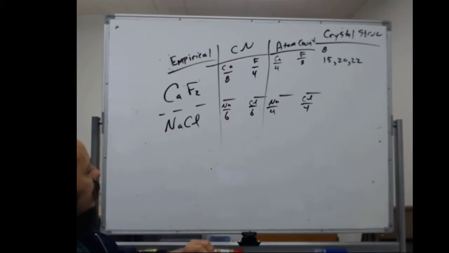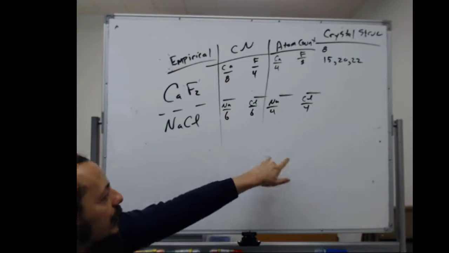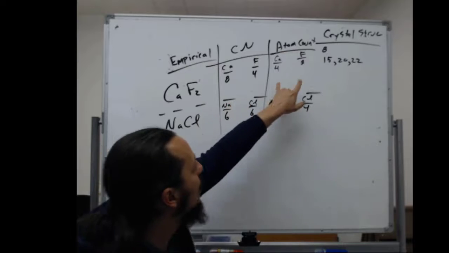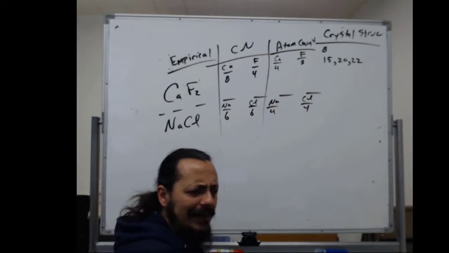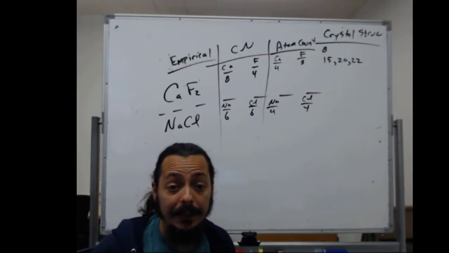You'll notice NaCl has a 1-to-1 ratio. Same thing, calcium fluoride, we've got our 1-to-2 and 2-to-1. And you might look at that and be like, well, how is that self-consistent? Let's go back to thinking about the periodic trends.